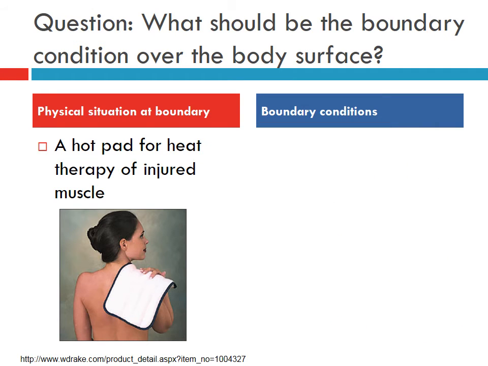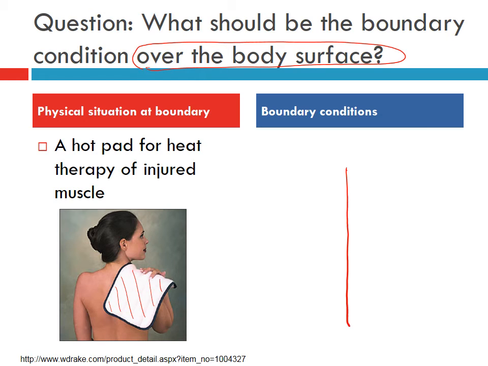So here is the second example. We have a hot pad that is heated and placed on the back. What should be the boundary condition over the body surface? Again, we have the pad on one side and the skin on the other side.